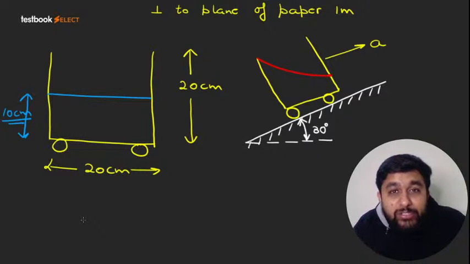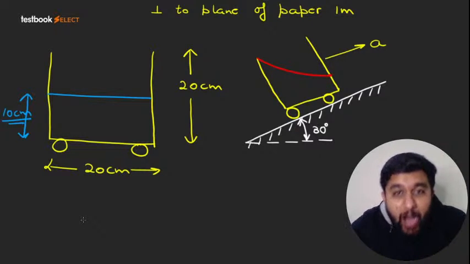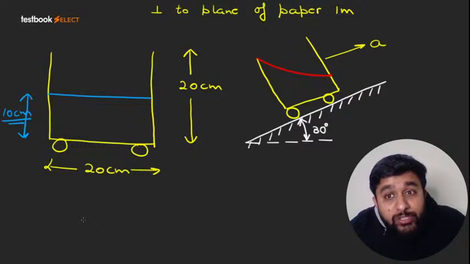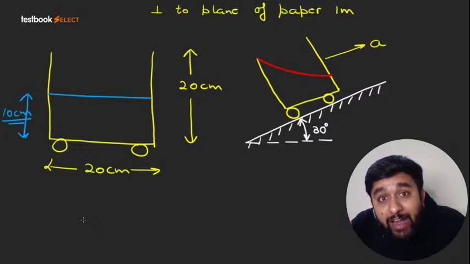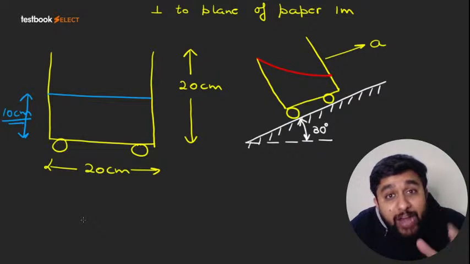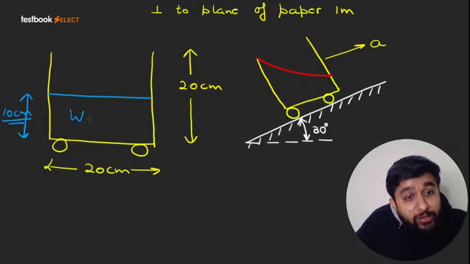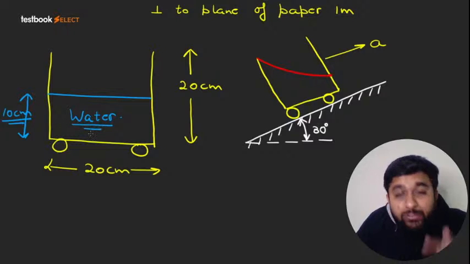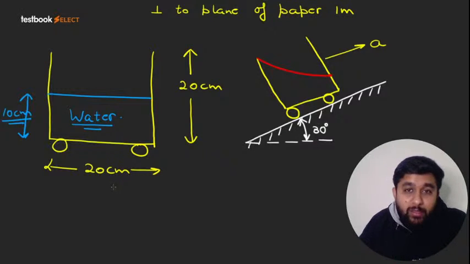A container is moving up the plane, and the question is, what is the maximum possible value of acceleration so that water does not spill out of the container? The liquid in this container is water, so obviously density is 1000 kg per meter cube.